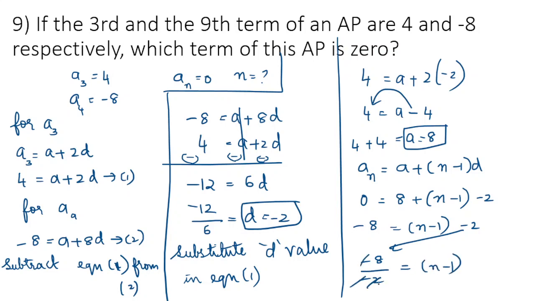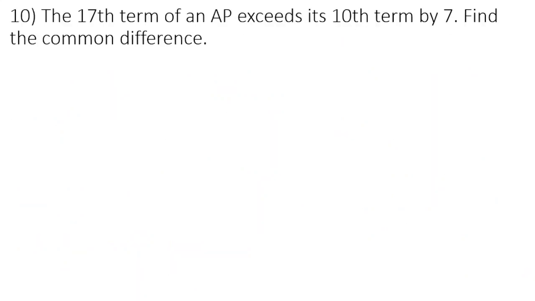Minus minus gets cancelled, 2 fours are 8. So 4 is equal to n minus 1. This minus 1 goes that side, which means 4 plus 1 is equal to n, which means n is 5. So that is the fifth term of the AP. So that was the 9th question.